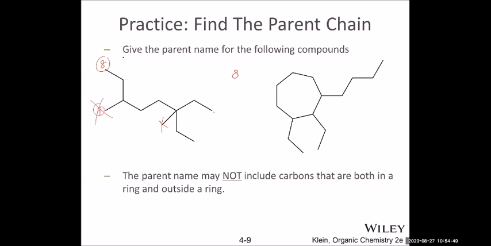If there are no other options, if you pick this, it's basically the reverse. You don't need to do the same counting, just do the opposite way. Just pick one way. Anyway, there should be 8 carbons in the longest chain. So the parent name will be the 8-carbon, octane. So this first one's octane.